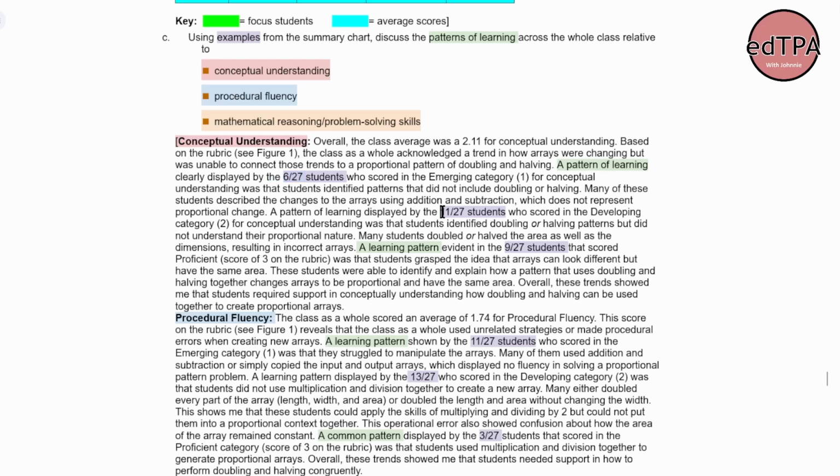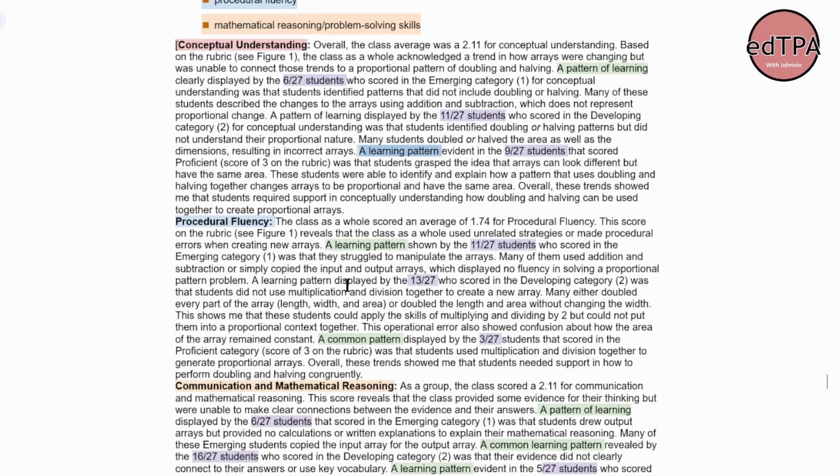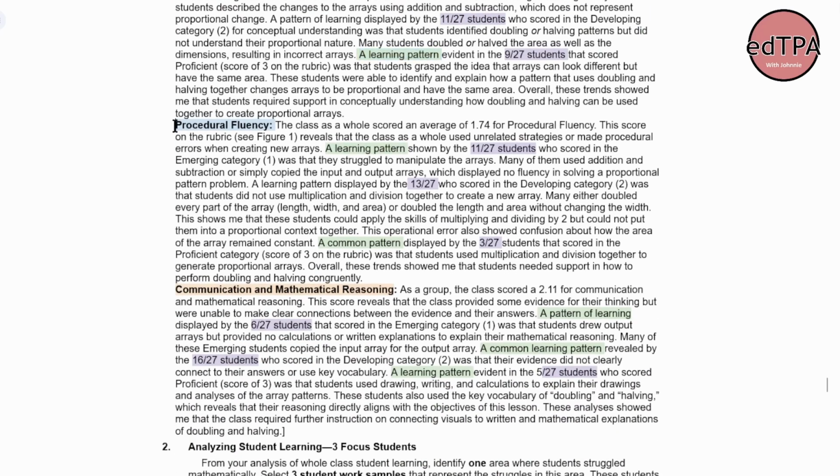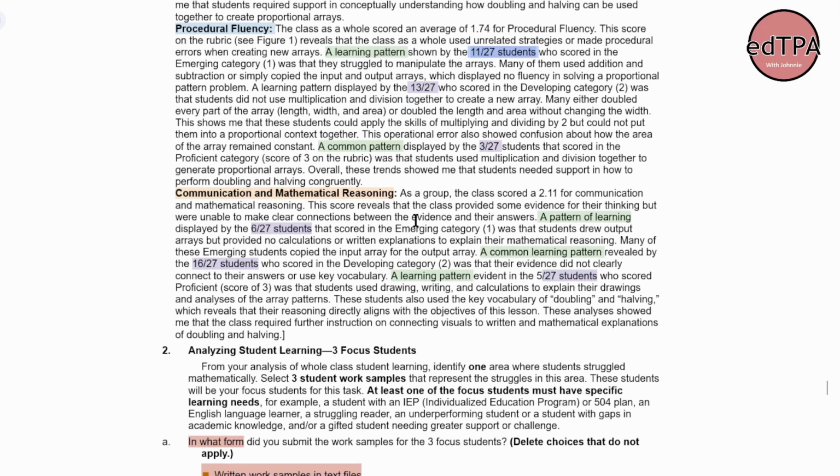You can see these numbers refer straight up to the table, and a learning pattern keeps coming up again and again. It happens in the next piece as well: procedural fluency, a learning pattern, the number of students in that learning pattern, paragraph on that, learning patterns and number of students from the chart, and descriptions of the kinds of math that they were doing.